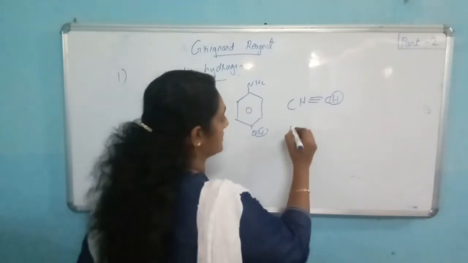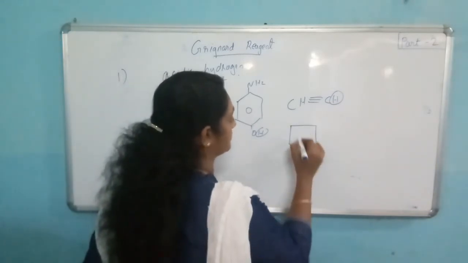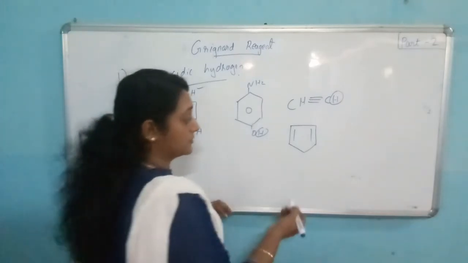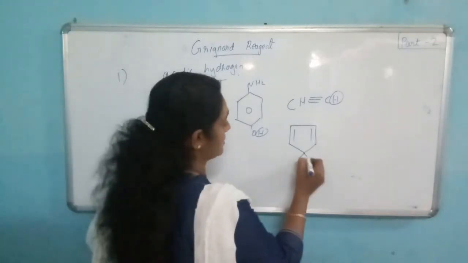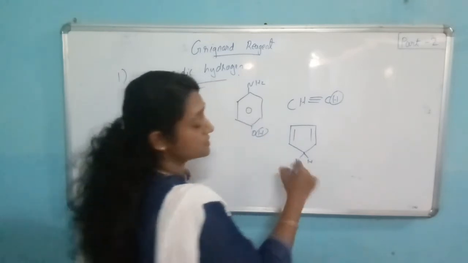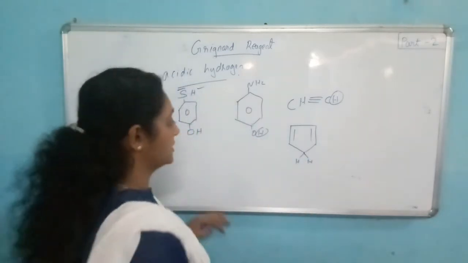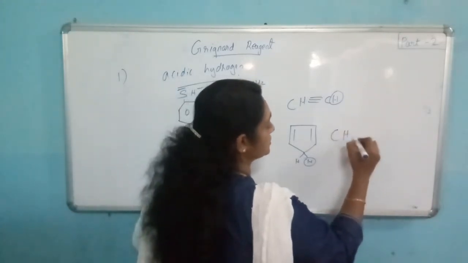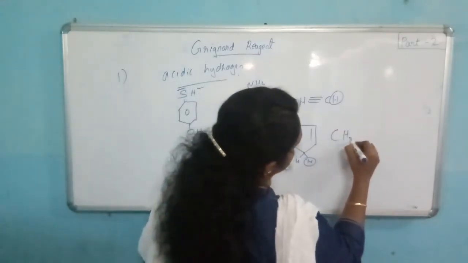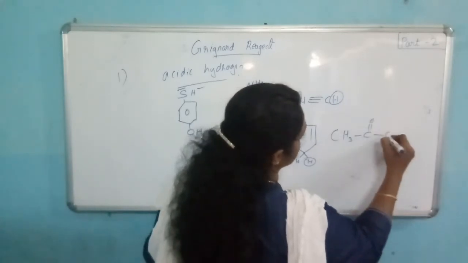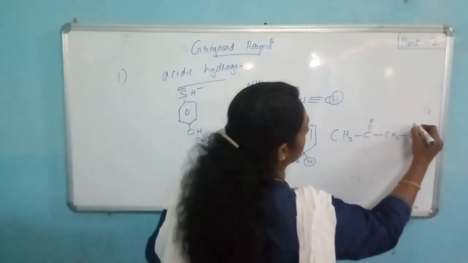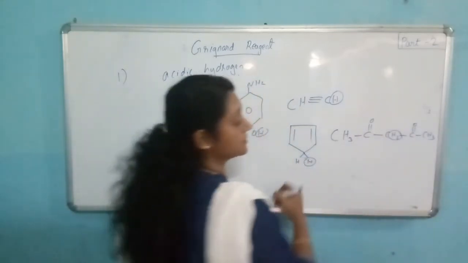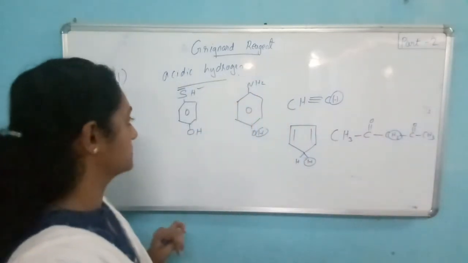And next is cyclopentadiene. The acidic hydrogen is abstracted from these two hydrogens. Okay, this is the acidic hydrogen. Next is CH3, C double bond O, CH2, C double bond O, CH3. These two hydrogens are highly acidic in nature.